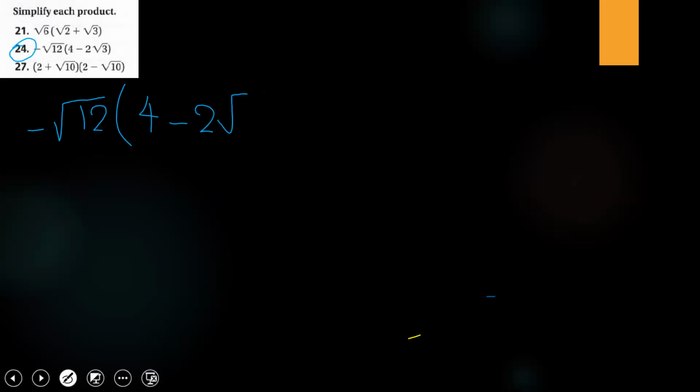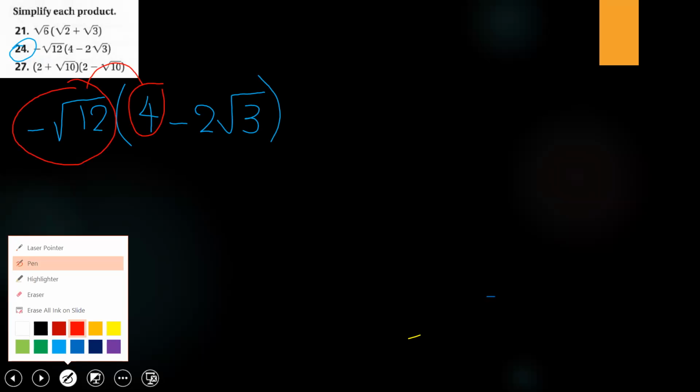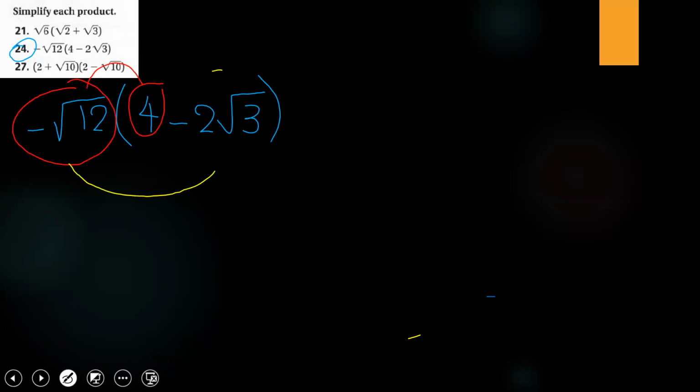Here we have negative square root of 12 times 4 minus 2 square root of 3. What do we have to do here? Multiply negative square root of 12 by 4 first, and then by negative 2 square root of 3.